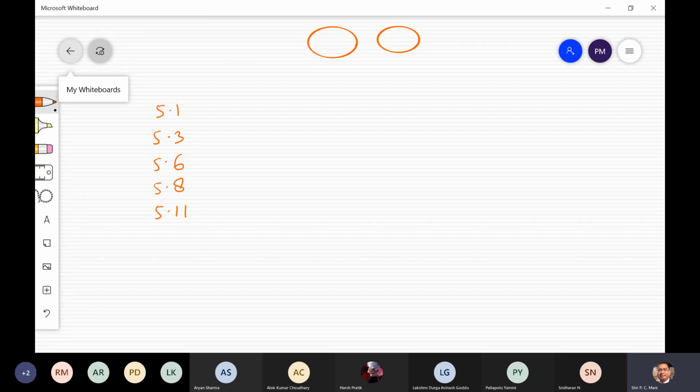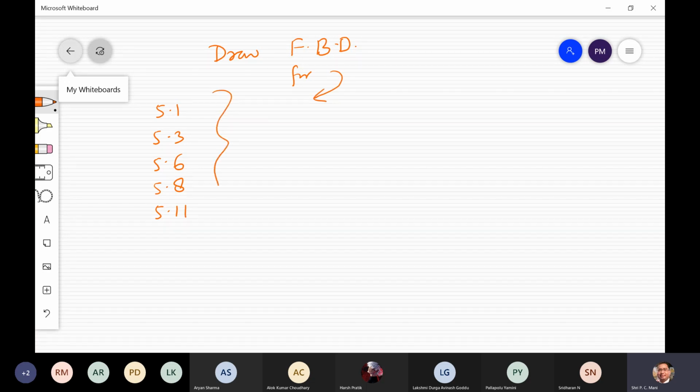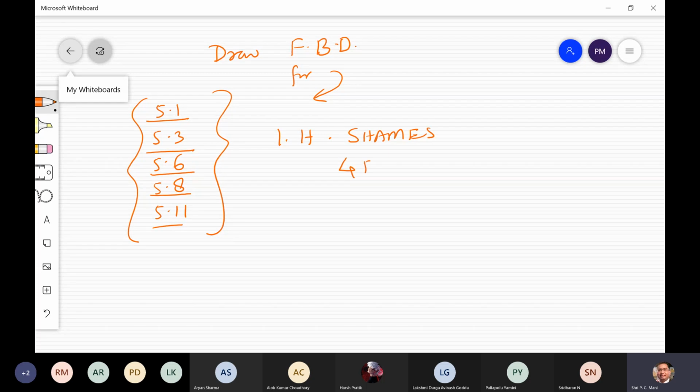You have to draw the free body diagram, FBD, for these questions. Okay, and the book is Engineering Mechanics, ISAM's 4th edition.